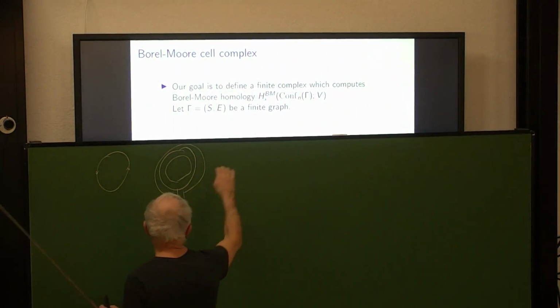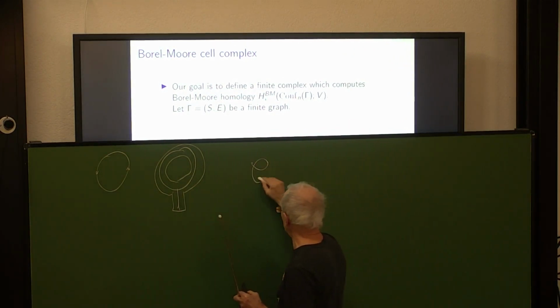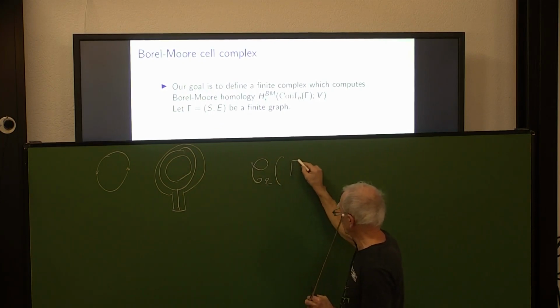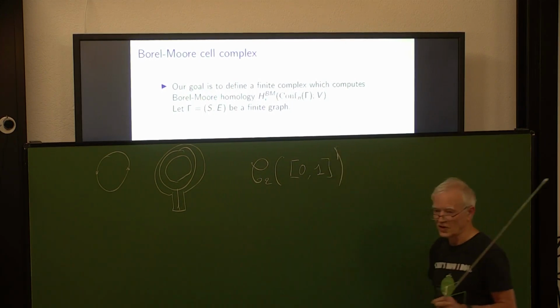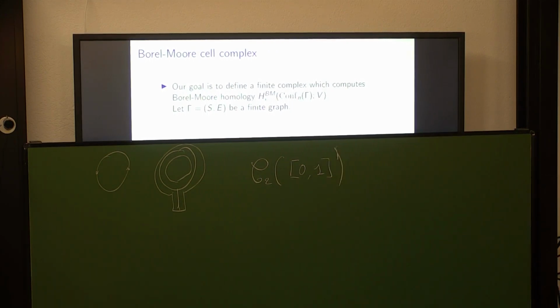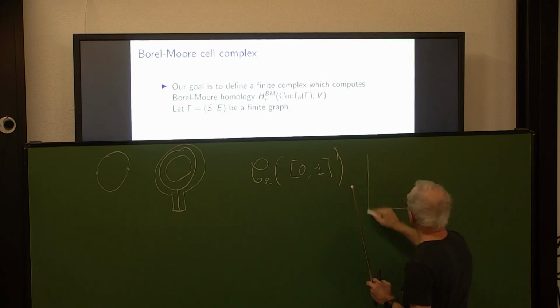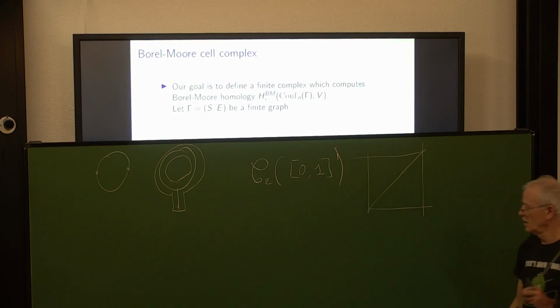So it's good to have a certain idea at the beginning. What is C2 of an interval? Configuration in an interval. This will serve as a model for our open sets. So this is just take the square and quotient by S2, the transposition.